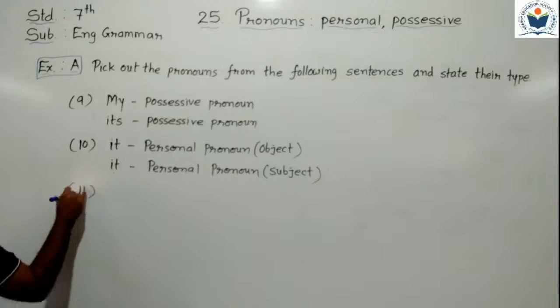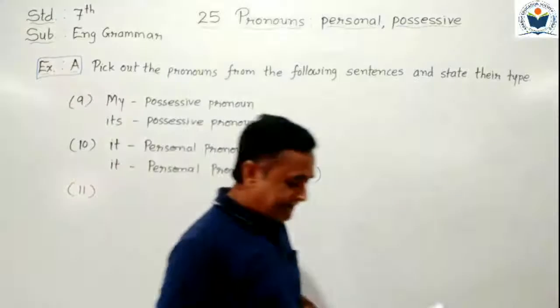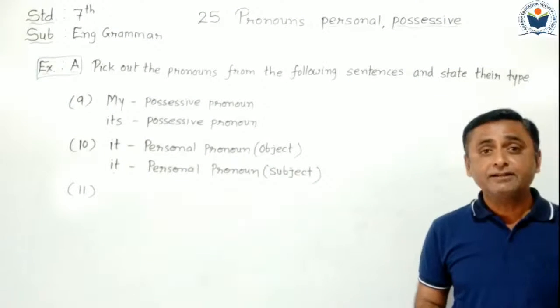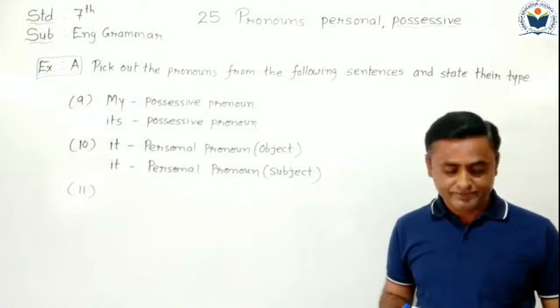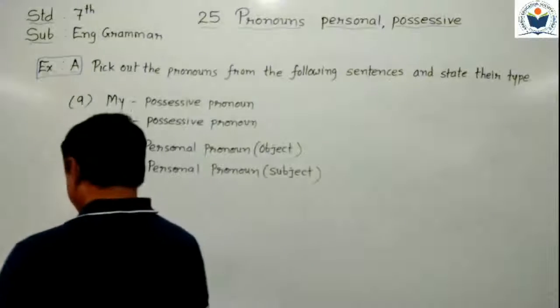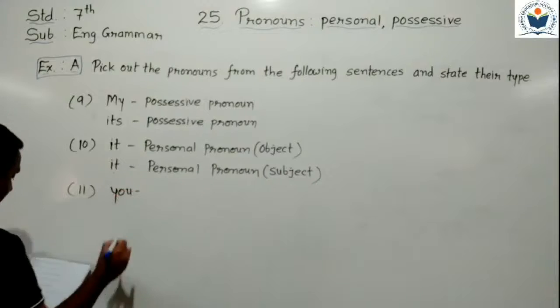Now, sentence number 11 we have to see. There is a tour to Nigeria. Will you join it? Here, which pronoun is that? First one is you. You is a pronoun here. But which type of pronoun?